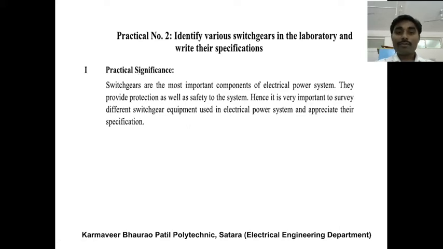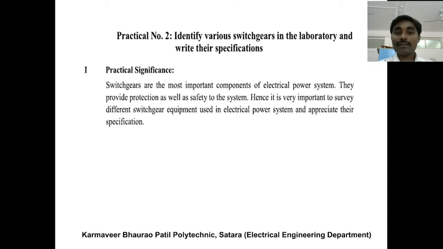Students, as we know, switchgears are the most important components of the electrical system, as the whole power system is operating with different types of equipment and devices which are very costly.